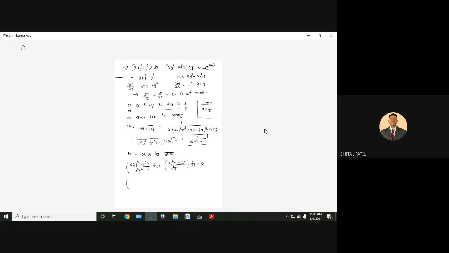No problem. P is 3 by x minus y divided by x squared. I am dividing every term by the x squared y squared term. What will remain? 1 upon x minus, x squared cancels, 2 by y.